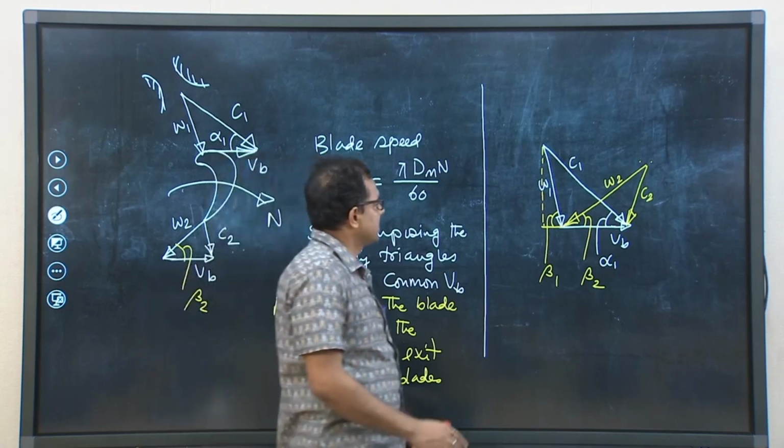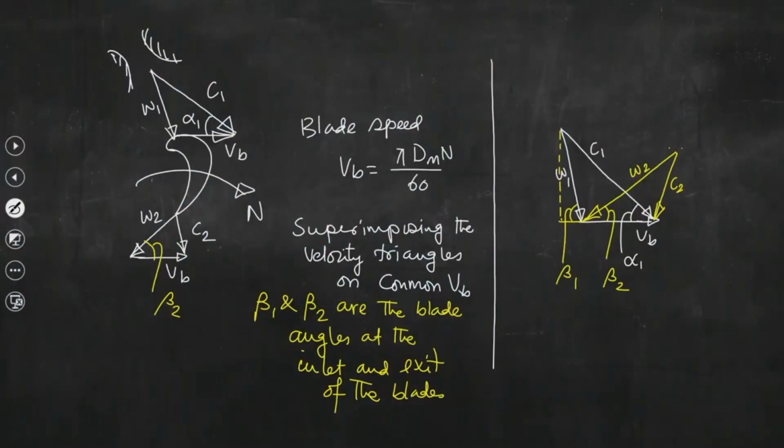Now, to estimate that quantity, these superimposed velocity triangles are very important. You have seen that. So, basically this is known as C theta 1 and this component is known as C theta 2.